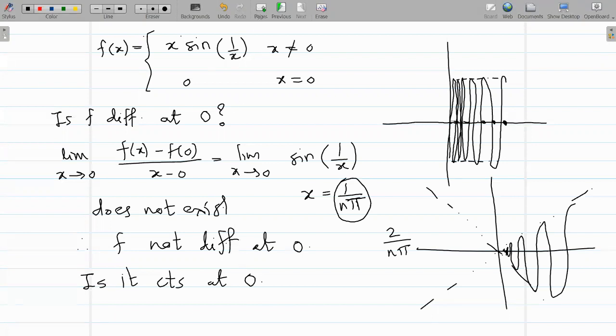Then the last part to discuss is about this expression, and 0 otherwise. I mean 0 for x equal to 0.